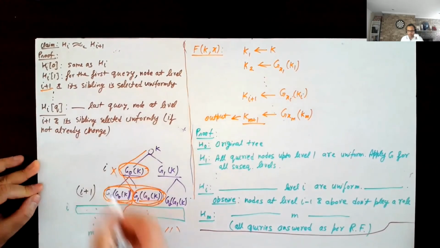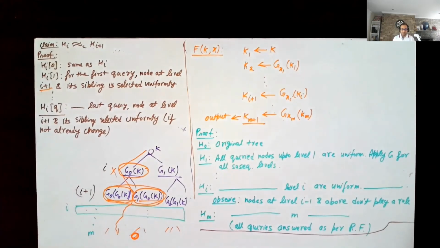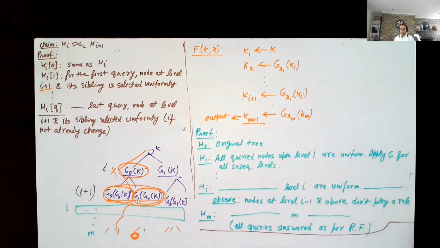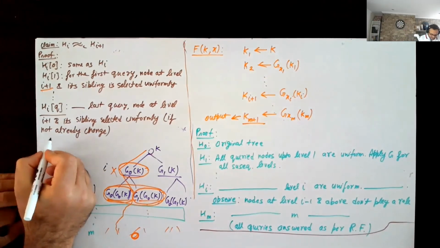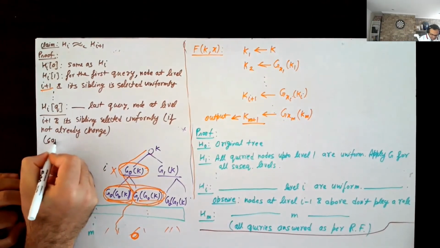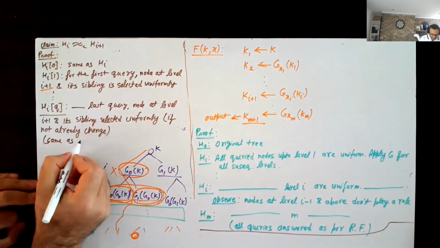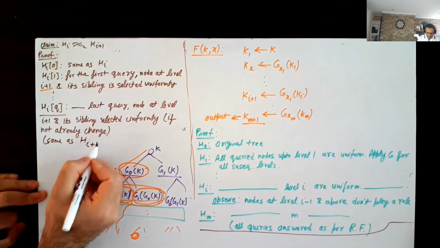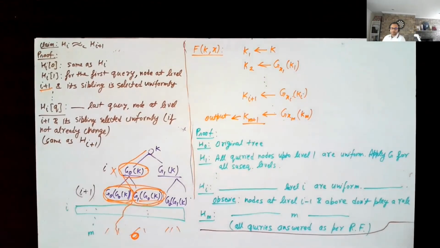So it is possible that two different queries will end up selecting the same node. So in that case, it's possible that it was already changed to uniform. If that is the case, we do nothing in this hybrid. So now this hybrid is the same as H_i plus 1, right?